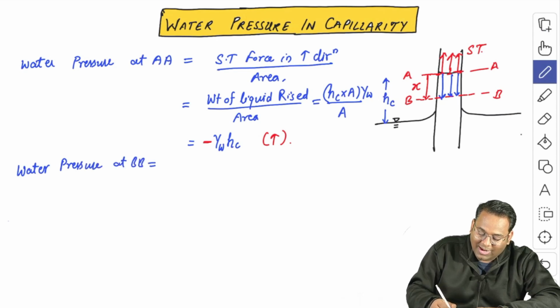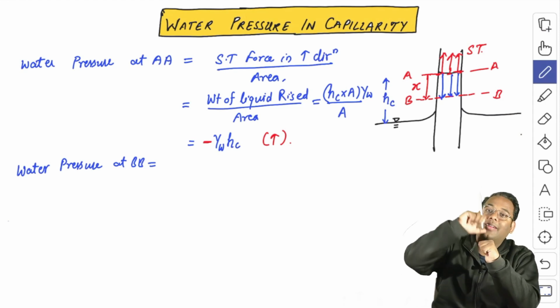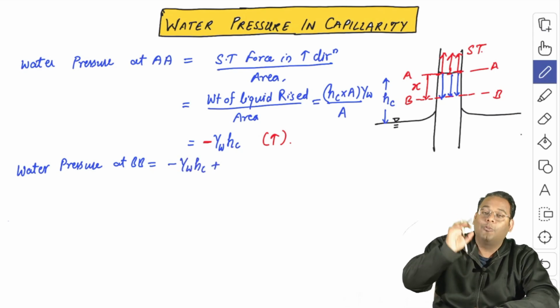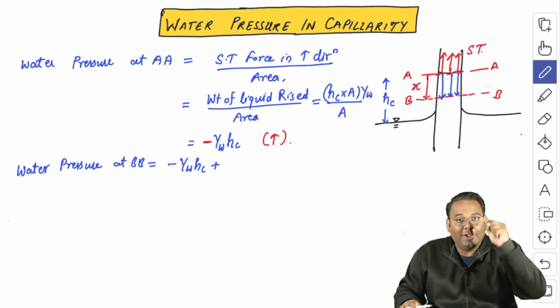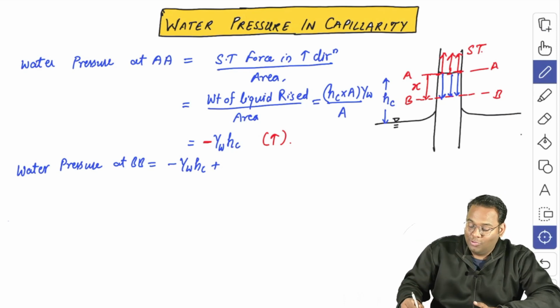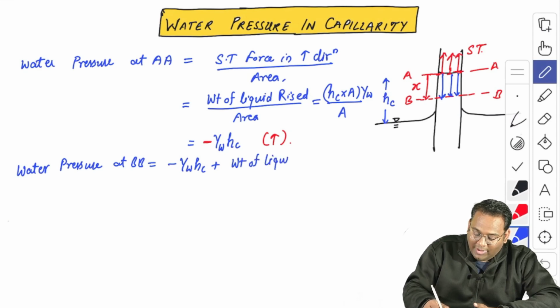You can see that this water is pulled up at the top by a pressure equal to minus gamma w hc, but there will be another force in the downward direction because of the weight of the fluid from A to B. As the weight is in the downward direction, I am using the positive sign. So that will be the weight of liquid in AB divided by area.